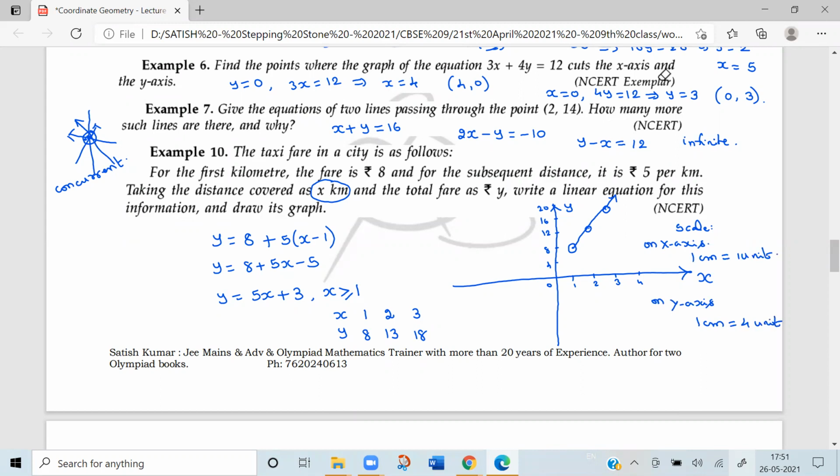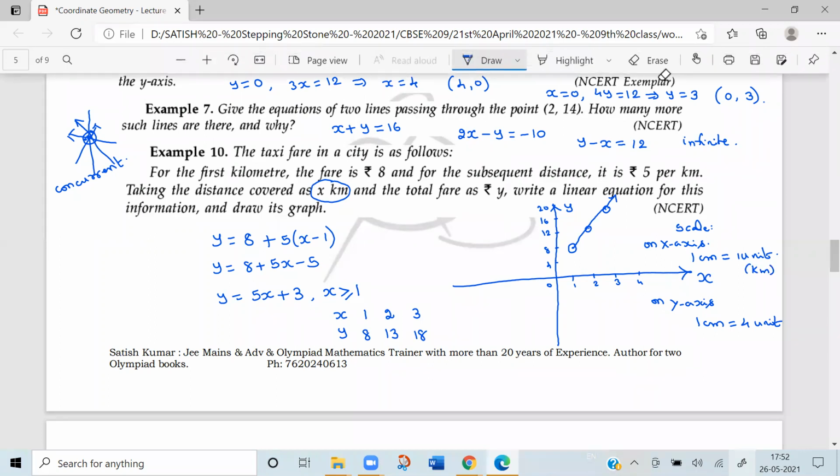Now, here what does x correspond to and what does y correspond to? x corresponds to what? Distance covered, which means it is kilometers. Now, y corresponds to what? It is in rupees. So the units are rupees.